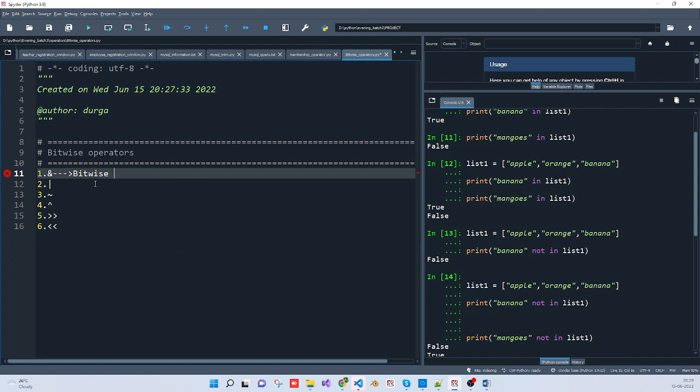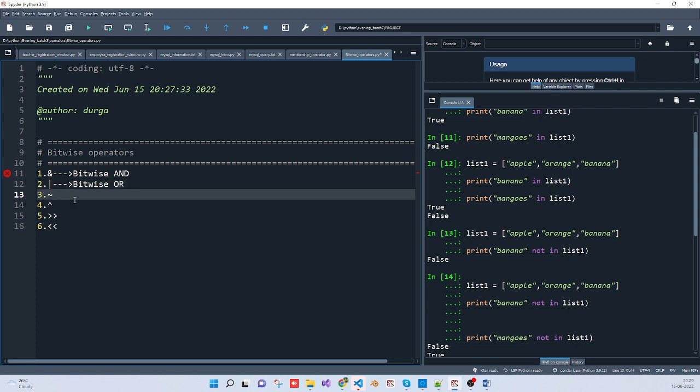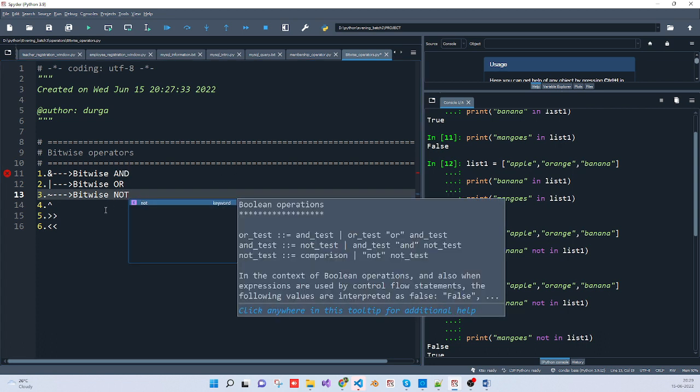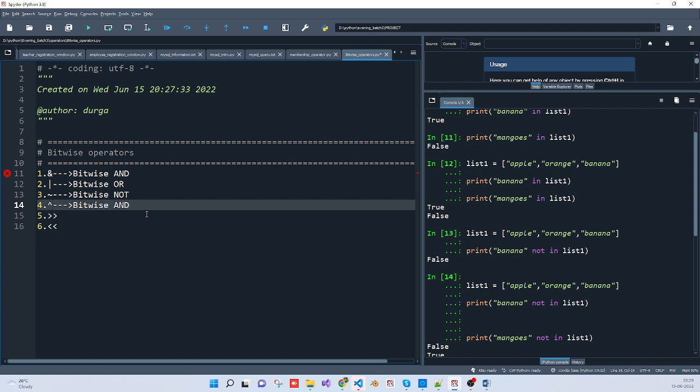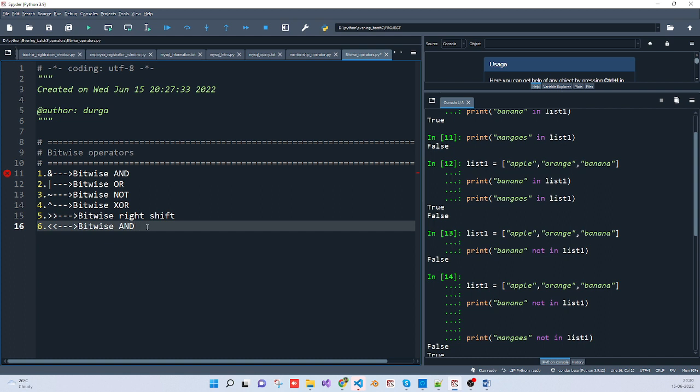Okay, bitwise AND, bitwise OR, bitwise NOT, bitwise XOR, and this one bitwise right shift, and this is bitwise left shift.